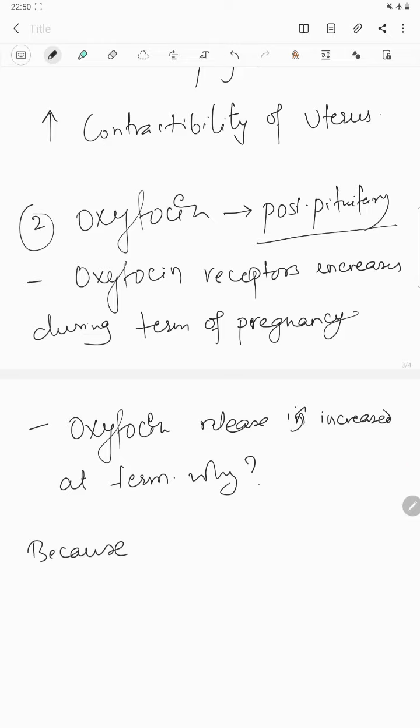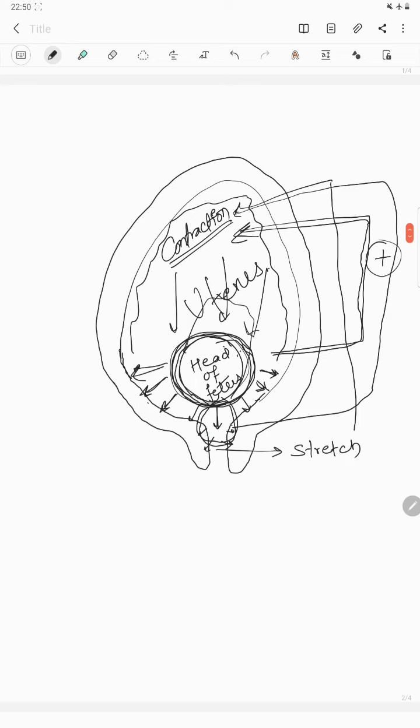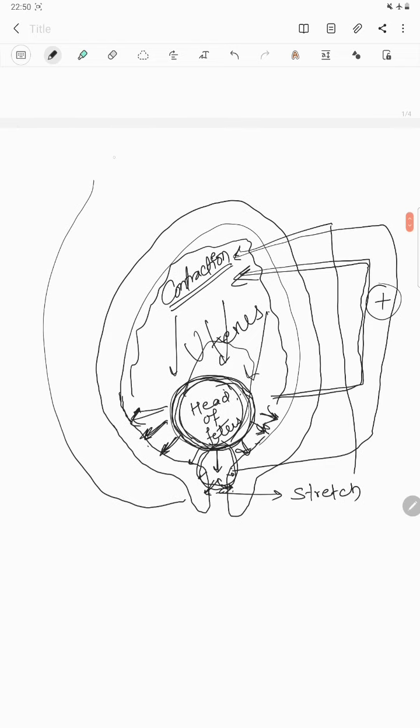Because this stretch over the uterine muscle and cervix produces a neurogenic reflex that releases oxytocin from the posterior pituitary via neurons.